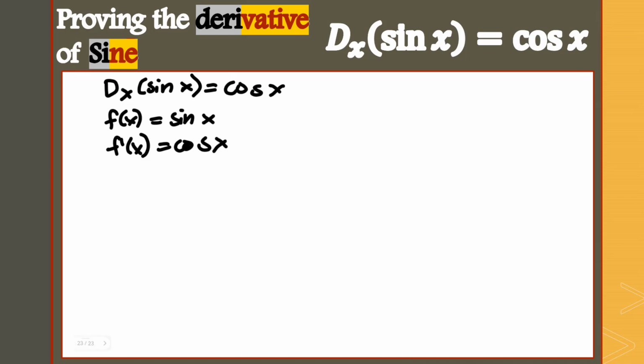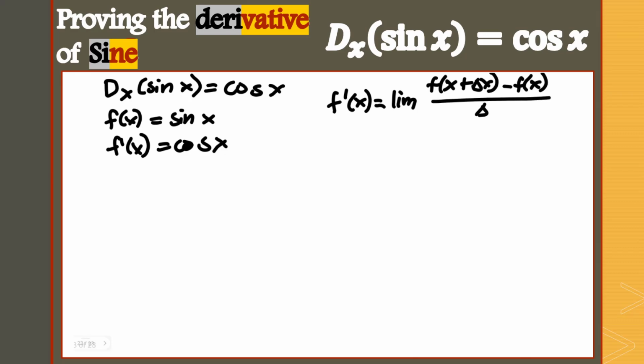We are going to show this by using the definition of the derivative. For f of x, its derivative is identified as the limit of f of x plus delta x minus f of x all over delta x as delta x approaches 0. So we're going to show this relationship before we apply it on several situations.